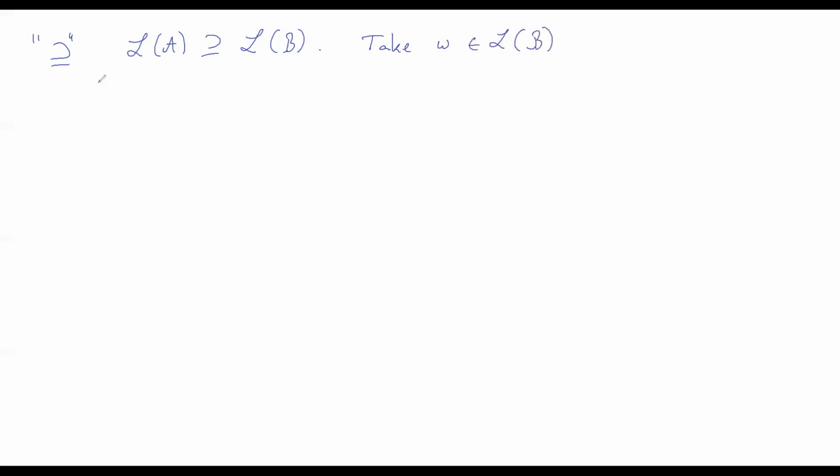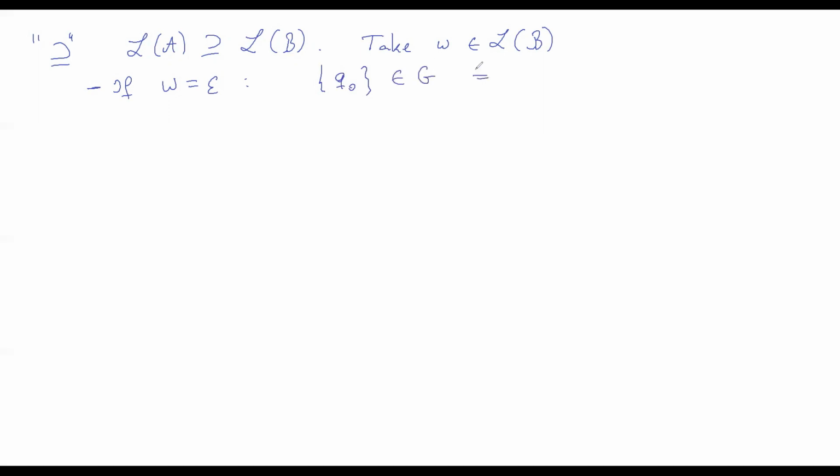And again, I will have two cases. If this is the empty word, then by definition, remember this is a deterministic automaton, obviously there are no epsilon transitions in here. So by definition, this can only happen if the initial state is also a final state.